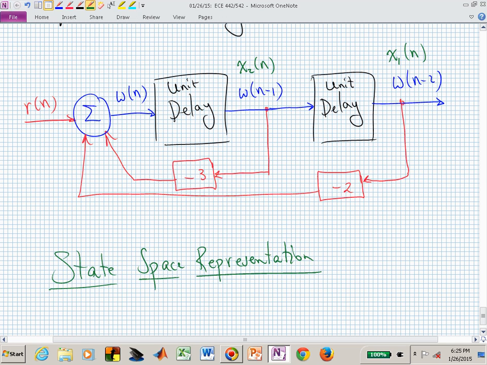If I need an equation for x sub 1 of n plus 1, can I find that in the diagram? Are any of these signals in the diagram actually corresponding to x sub 1 at time n plus 1?